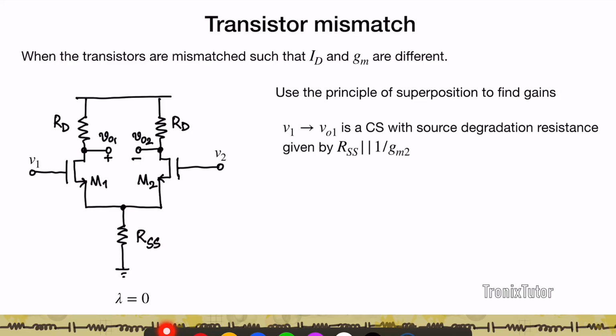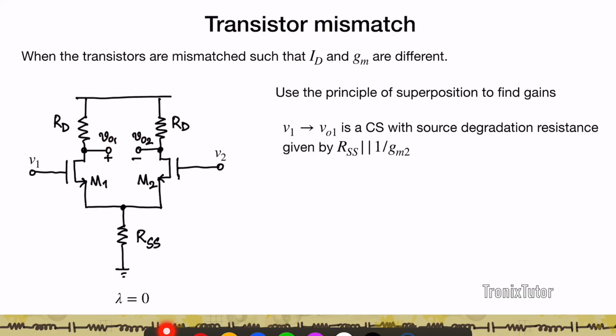Now again, if I want to find the VO, the strategy I'm going to apply is to use the principle of superposition to relate VO1 to V1 and V2. Similarly, VO2 to V1 and V2, and then I'll talk about the differential output voltage as VO1 minus VO2.